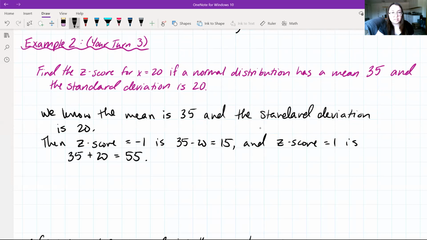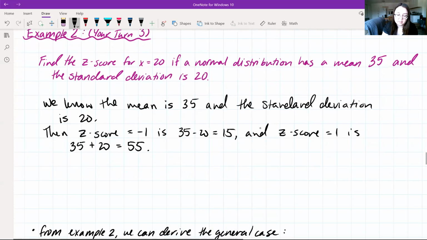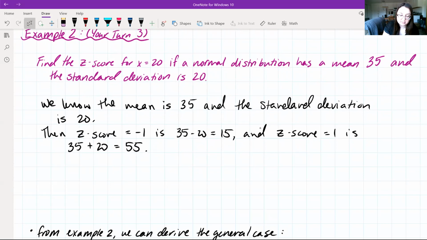So we see here the difference in our z-scores. If we're saying that x is equal to 20, then we need to find what value our z-score is going to correspond to x equals 20. We know that x equals 15 is going to be a z-score of negative 1. And let's make that a little bit clear here in our writing.